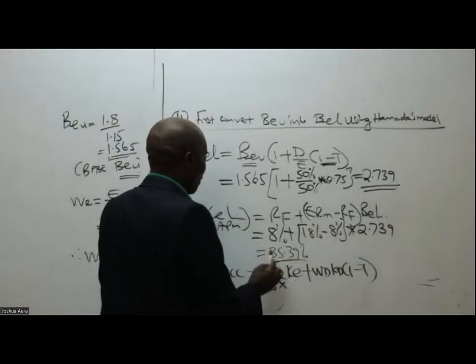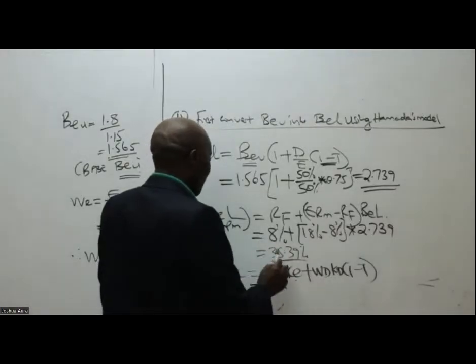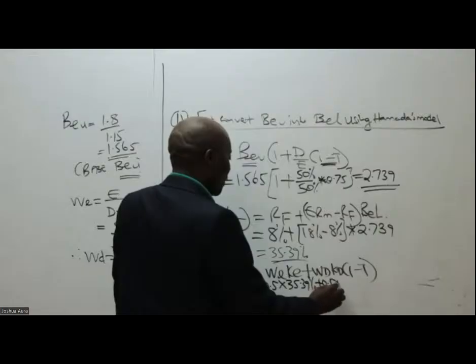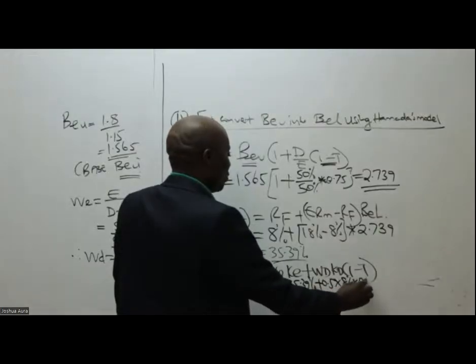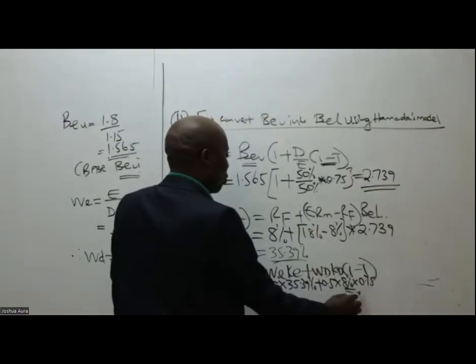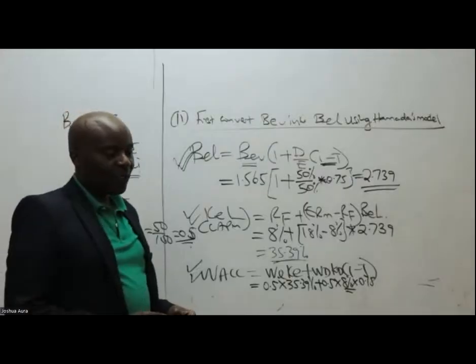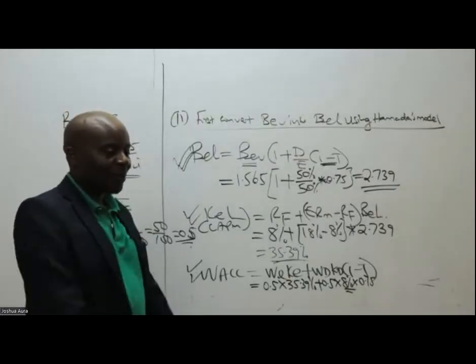The cost of equity is what we already have here, 35.39%. Weight of debt is 0.5 times cost of debt, 8%, times 0.75. I'm so sure you don't know where I got 8% from. Is there anybody who knows?